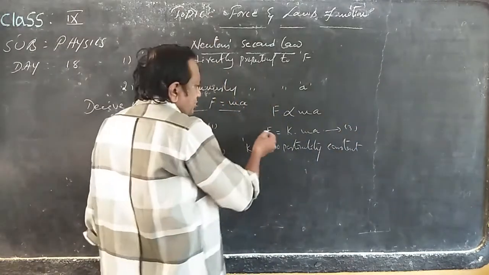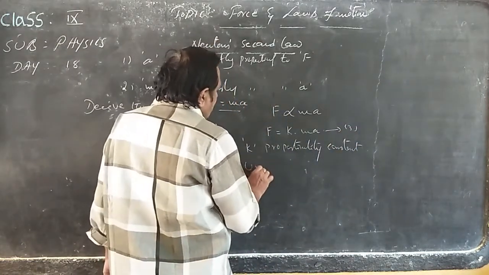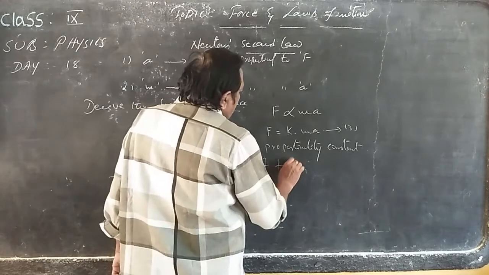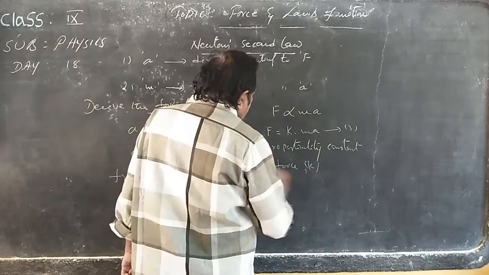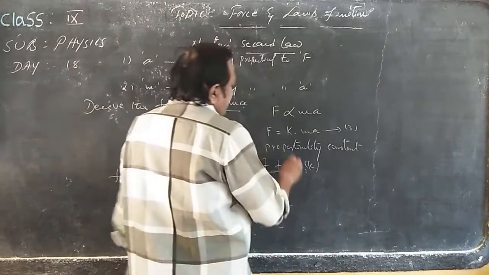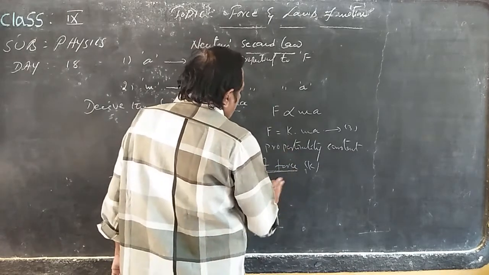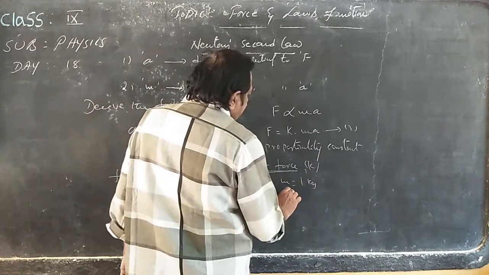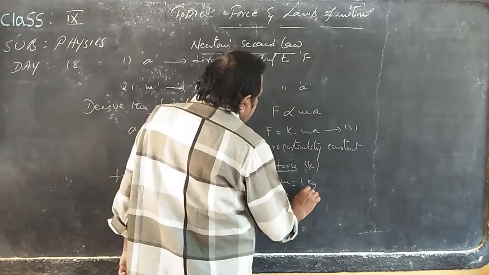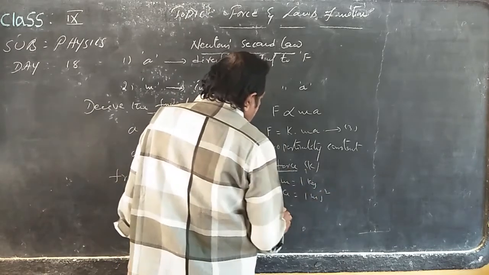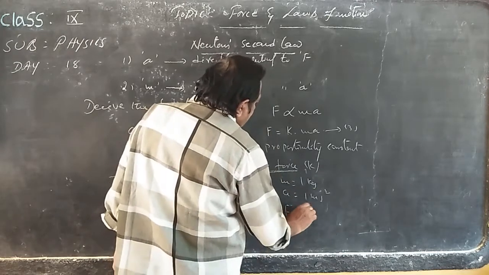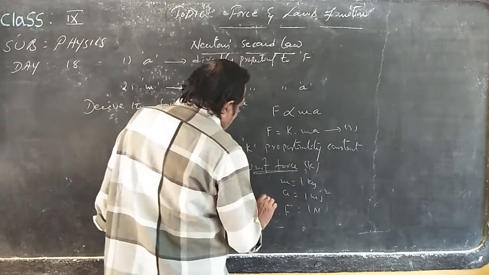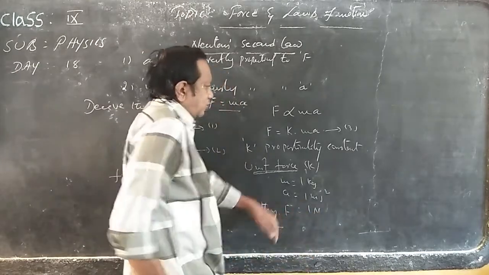So what do we define as unit force? This constant k can be represented as a unit force. In this, the mass of the body is taken as 1 kilogram and acceleration is 1 meter per second square. Then the force acting on that body will be 1 Newton.